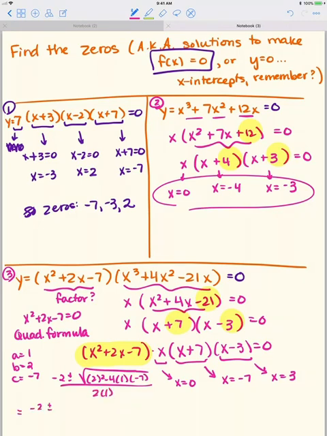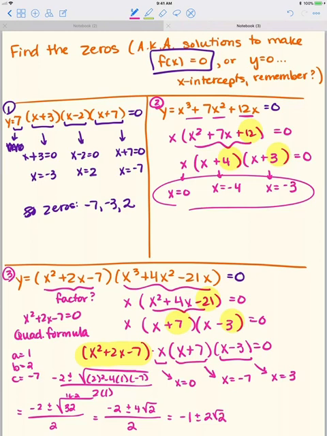So it's -2 plus or minus the square root of 32 over 2, which will simplify: 32 is 16 times 2, so the square root of 16 is 4, 4 square root of 2, which will simplify to -1 plus or minus 2 square root of 2.